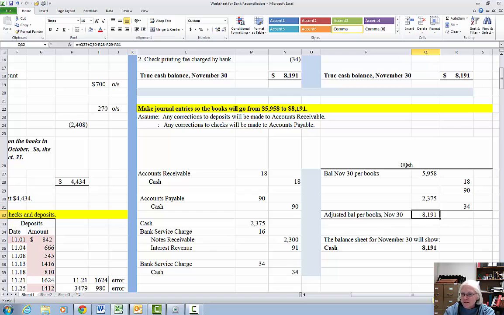Guess what? The cash T account shows an ending balance of $81.91. Which is exactly what it should show because that is the true cash balance on the bank reconciliation for books and bank, and the balance sheet at the end of November is going to show cash of $81.91. And that's what we want, all three things to agree.